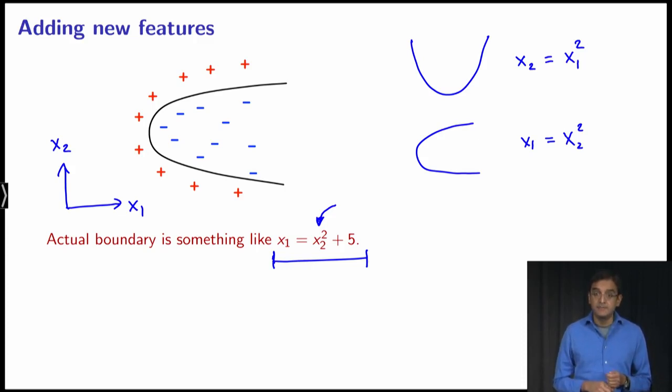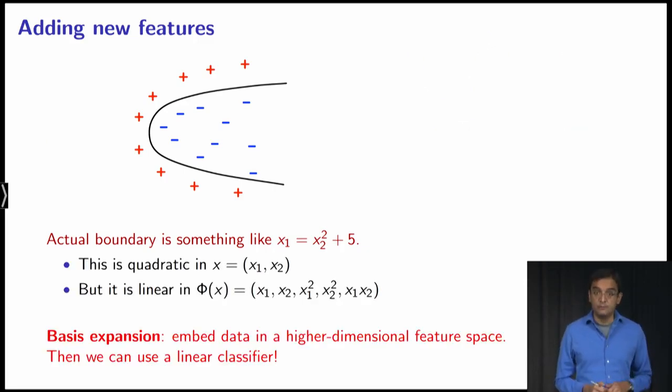The idea is to expand the input representation. So here's what we do. The original data is two-dimensional. It consists of points x with these two features, x1 and x2. What we're going to do is to expand the representation. Instead of x, we're going to use phi of x, which contains 5 features.